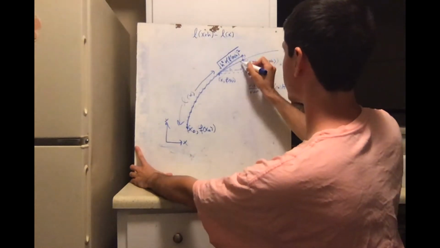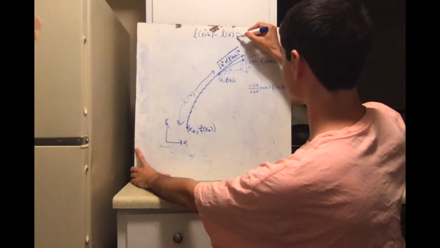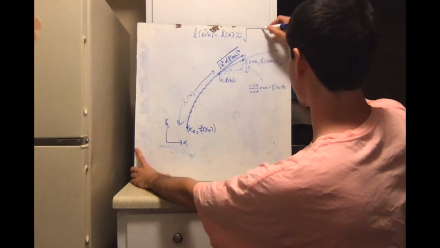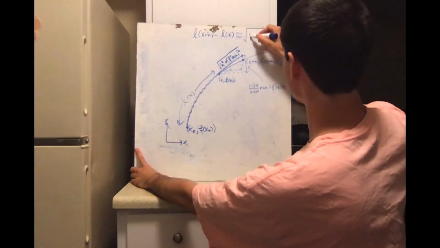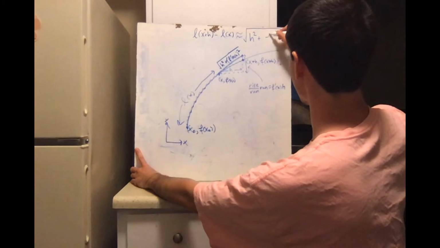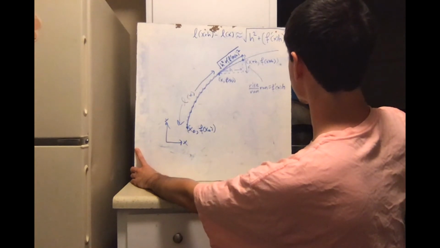So that says that this quantity right here is approximately equal to the square root of h squared plus f prime of x times h, this quantity in parentheses, squared.